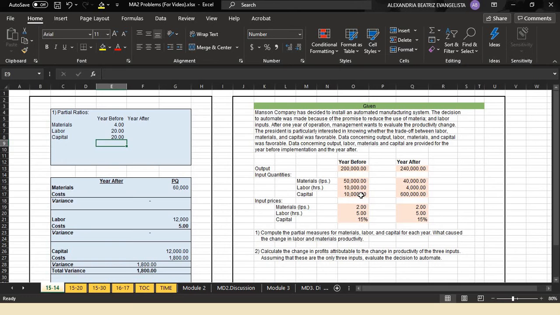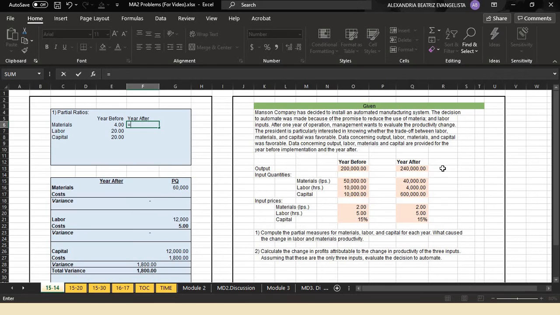And now for the year after. So for materials, we're going to divide 240,000 output by the input quantity materials of 40,000. That would give us 6.